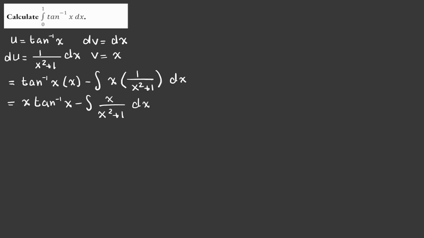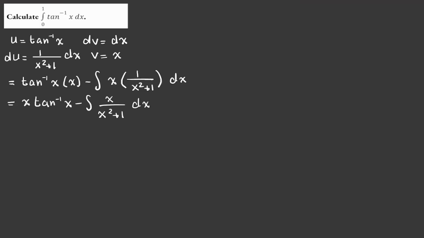Now here, I don't need to apply integration by parts, because by looking at this function right here, I know that I can use the u substitution, because if I allow my u to be x squared plus 1, I do have the derivative of that, which is 2x, and I only care about the variable x. So here I will actually use the u substitution.